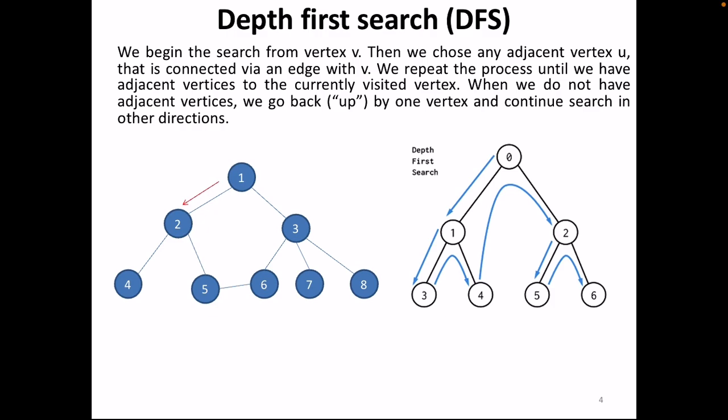Then we go to vertex 4. Vertex 4 doesn't have adjacent vertices, so we come back to vertex number 2.